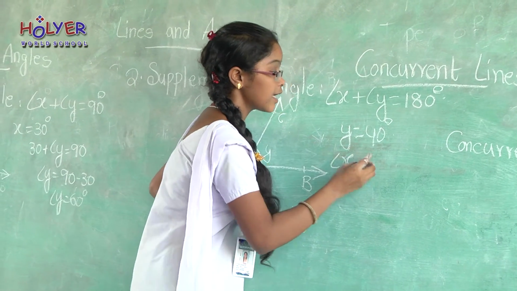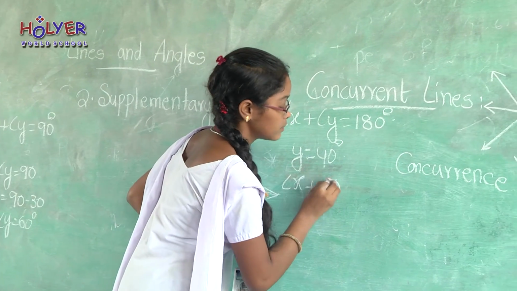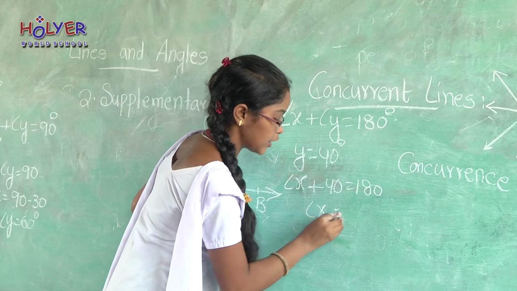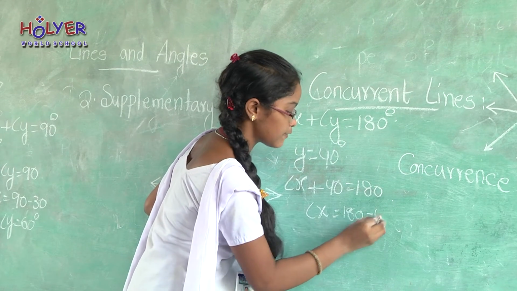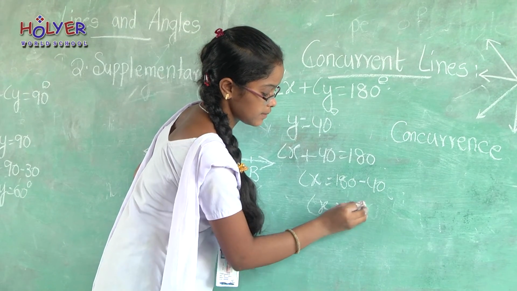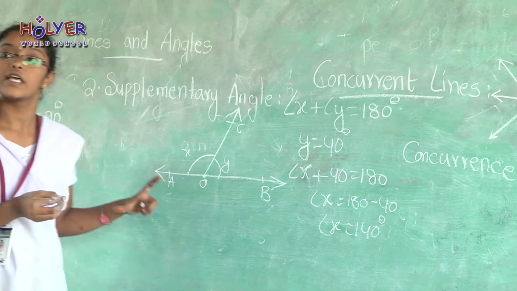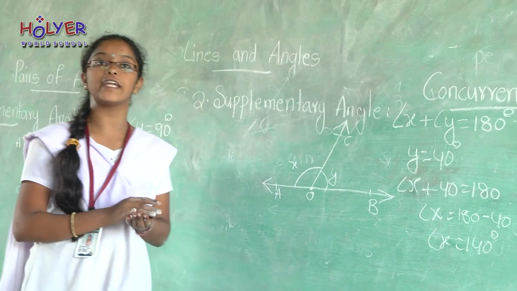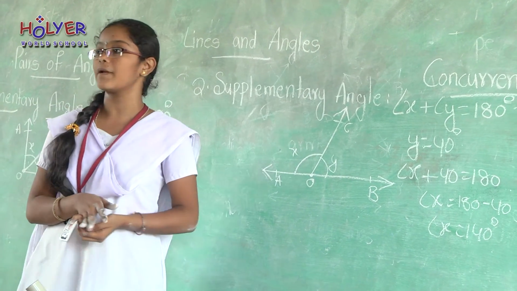Angle x plus angle y 40 equals 180. Angle x equals 180 minus 40. Angle x equals 140 degrees. We got the two values, angle x 140 and angle y 40. Their sum is 180, so they are known as supplementary angles.